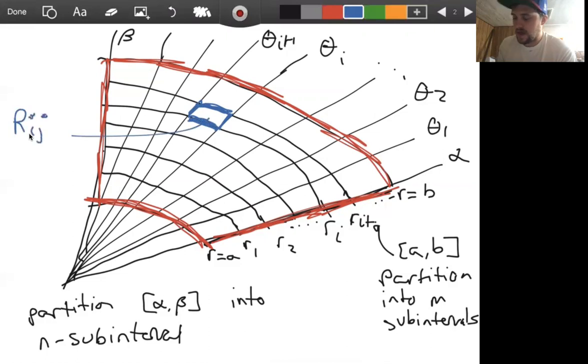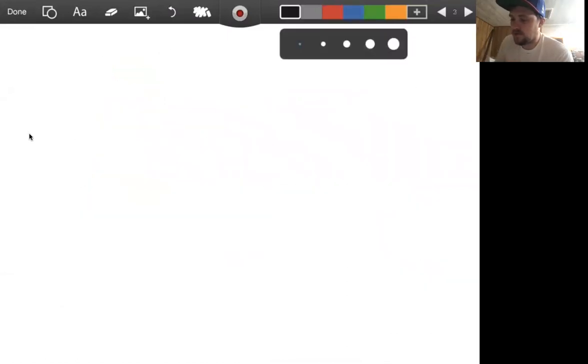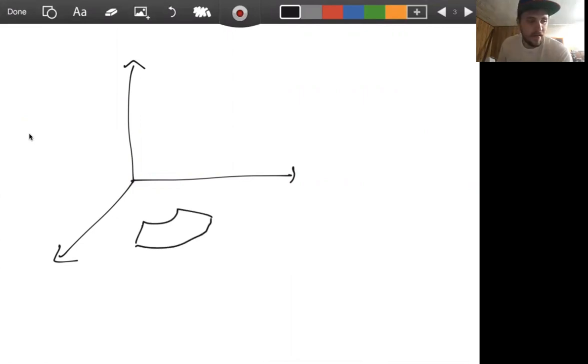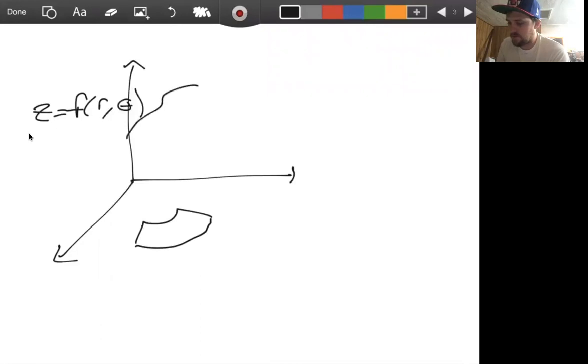R_ij. And again, when we're defining the integral, we want the volume, right? What is the integral going to be? Well, we have some polar region here, and then we have some function like z equals f of (r, theta). And so we have some function up here, right?